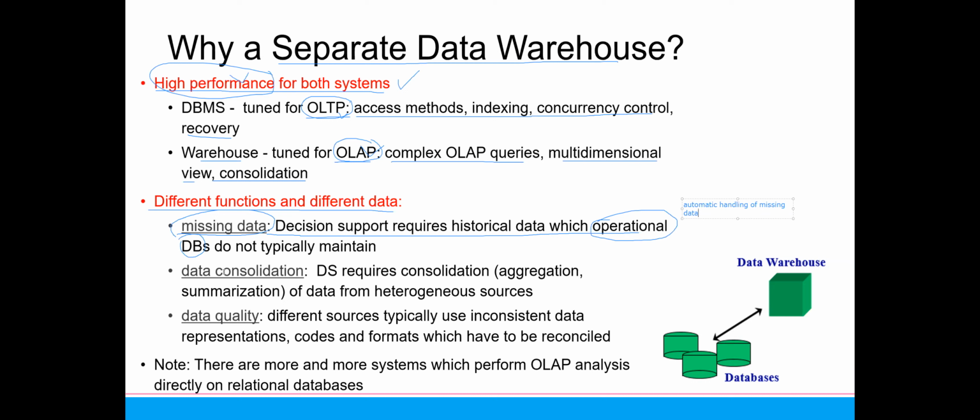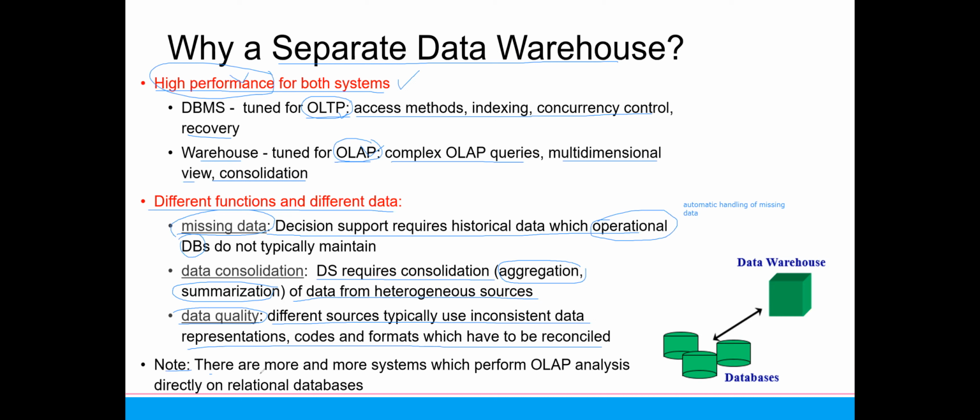The data consolidation means the decision support requires consolidation, aggregation, summarization of data from heterogeneous sources, and data quality. Different sources typically use inconsistent data representation, codes and formats which have to be reconciled.